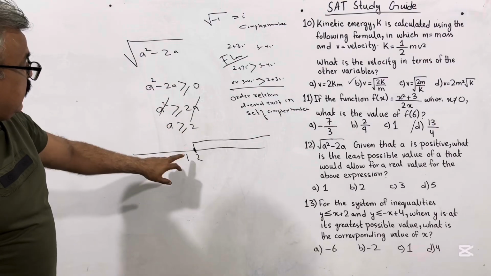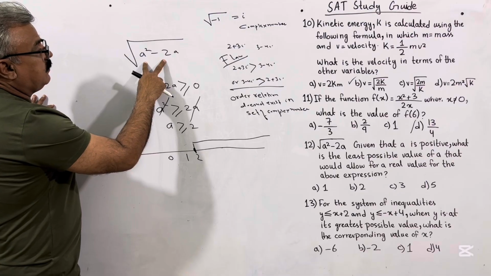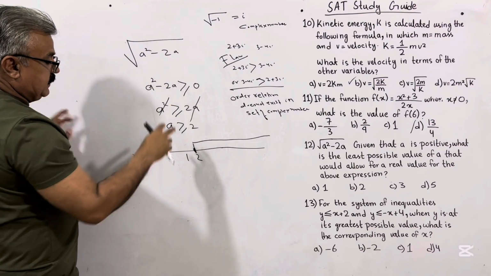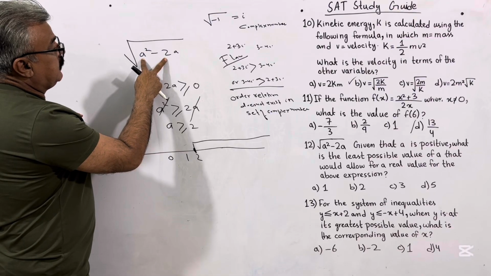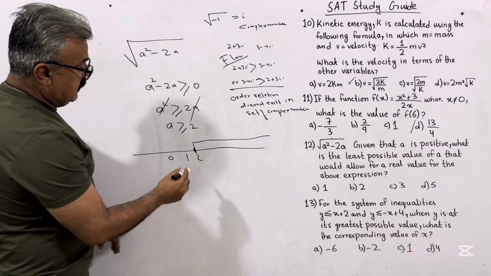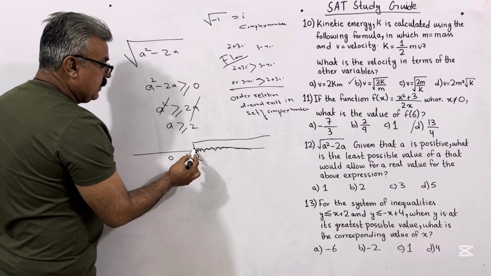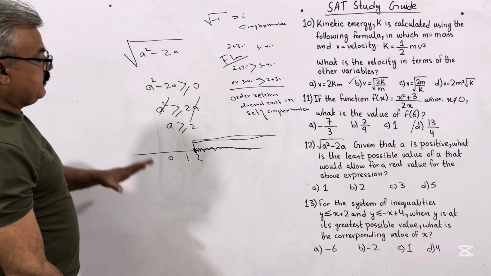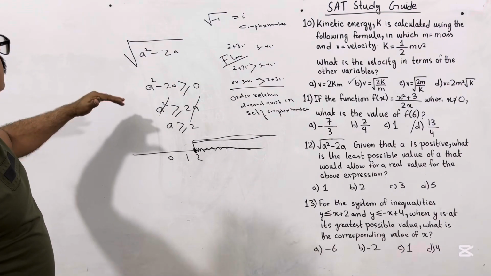If you put 1 here, 1 minus 2 is negative, it's a complex number, root of -1. If you take 2 square minus 2 times 2, 4 minus 4 is 0, and 0 is a real number, good. You can safely take all numbers 2 and more than 2. This function is entitled to have real values.